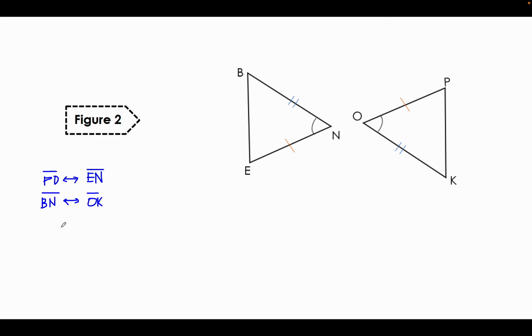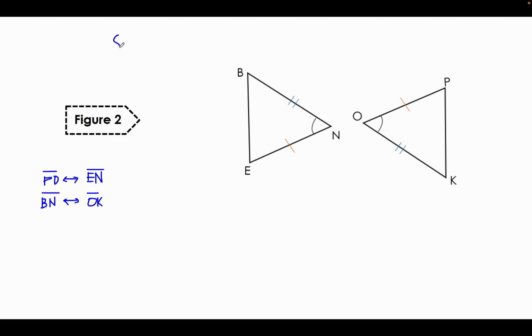What is that? Line segment PK. Take note, PK has no markings here, so we cannot assume that this side is congruent to this side.